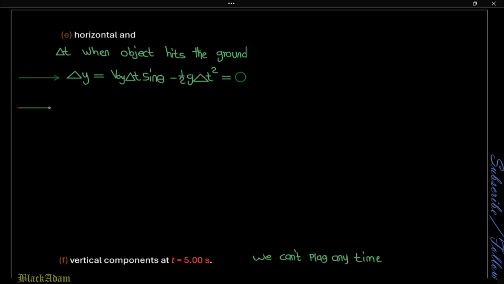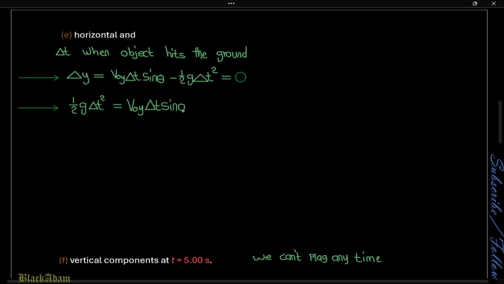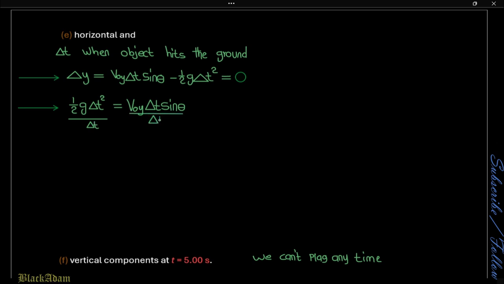We break the two terms into left and right, and divide both sides by the change in t.